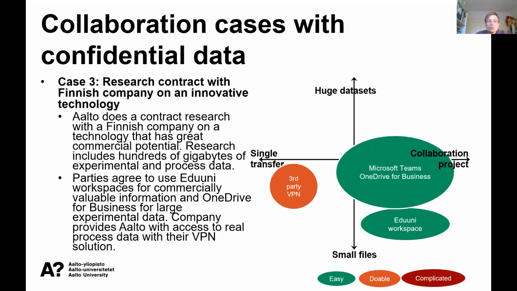So they will use OneDrive for Business, which has a 5 terabyte quota, to share these large files with each other. And the process data in the company, they will own it and store it in their own secure system, and they will just provide Aalto VPN access to Aalto researchers to access the company data in the company environment. So that would not transfer to Aalto at all.